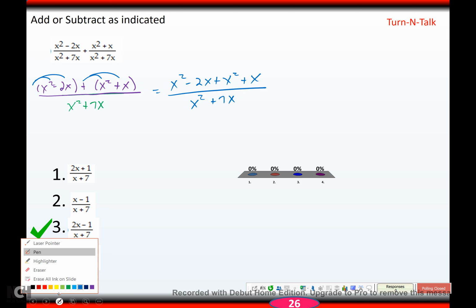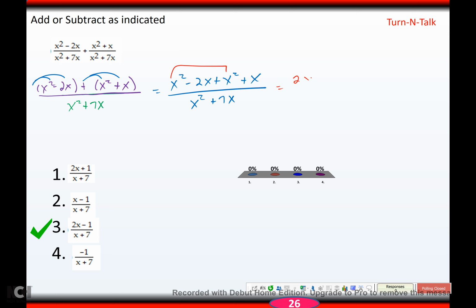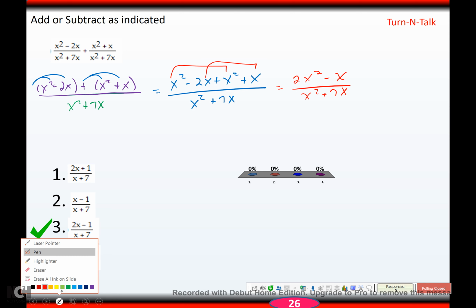So if I combine like terms on top, I have 2x squared minus 2x plus x is minus x, and on bottom I have x squared plus 7x. So we've added them. Now we need to factor the top and the bottom and see if anything cancels.